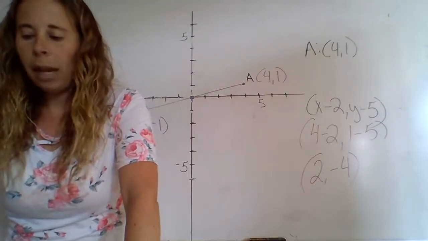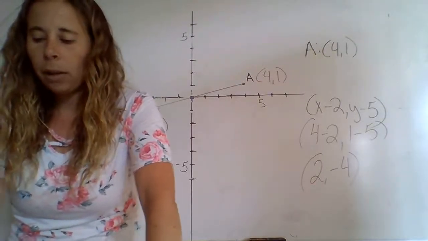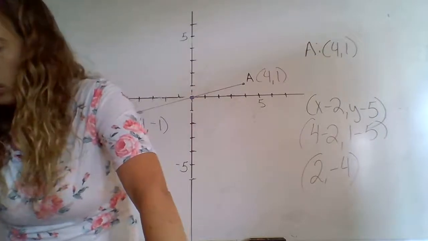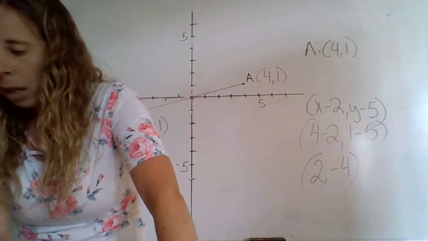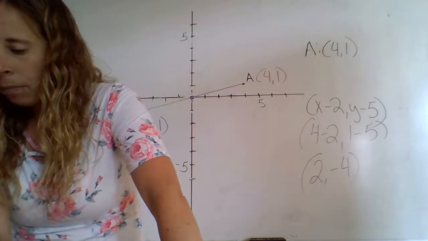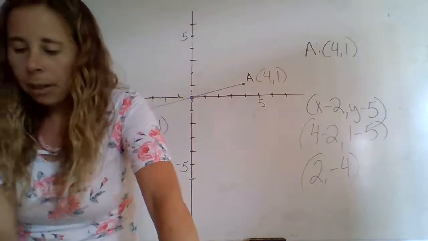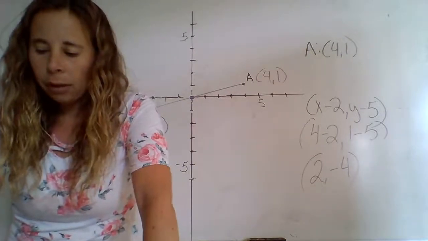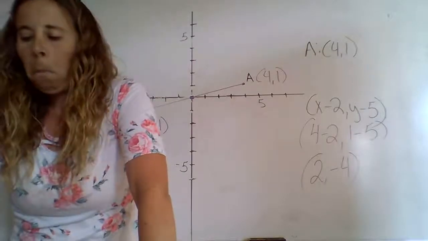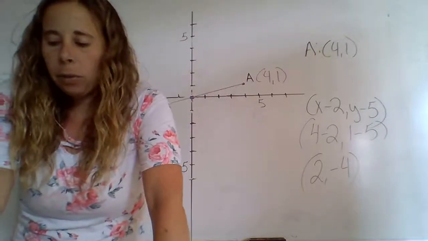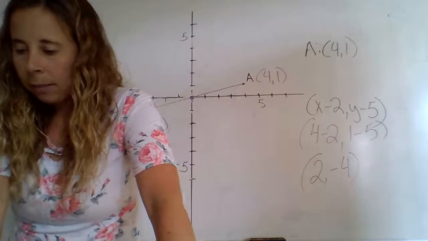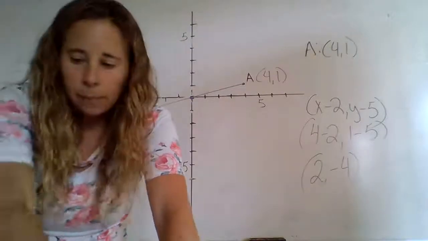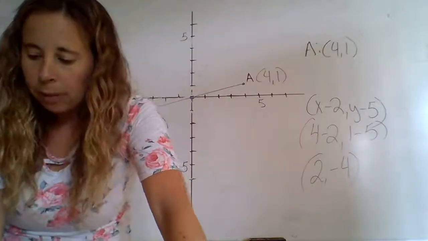Do they have the same y-intercept? Are their y-intercepts opposite of each other? You're just comparing them, similarities and differences. That's what you're going to do for 9 through 17.